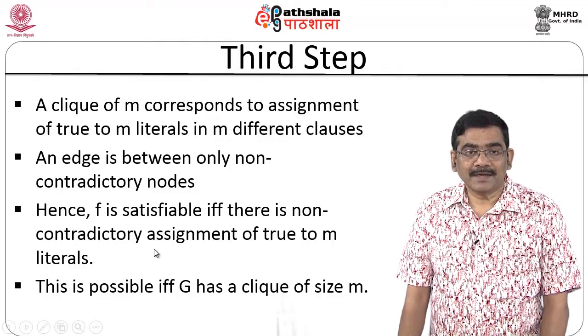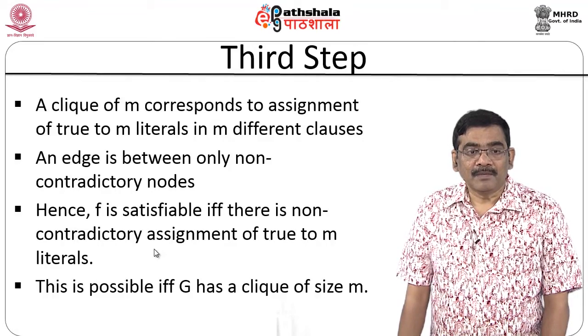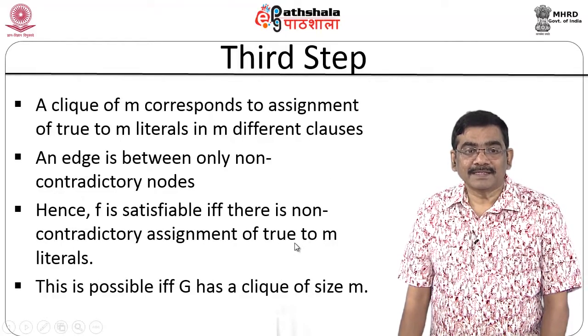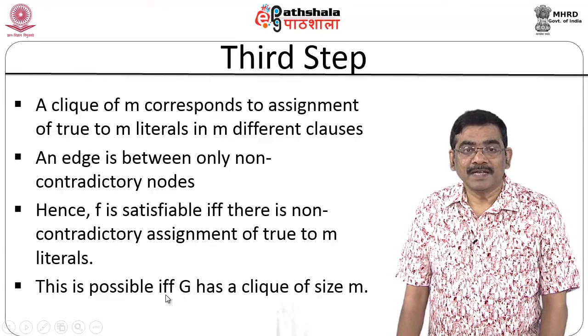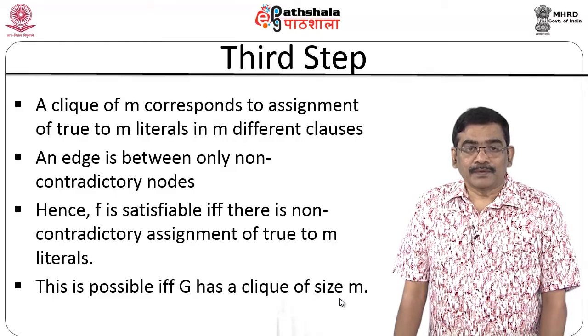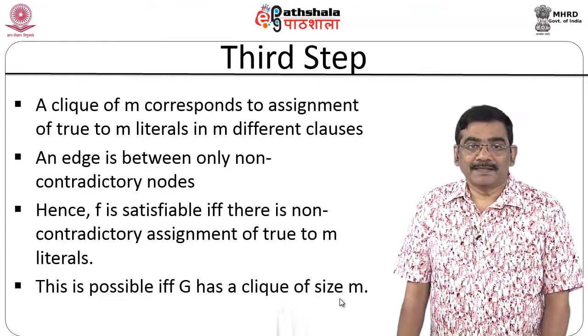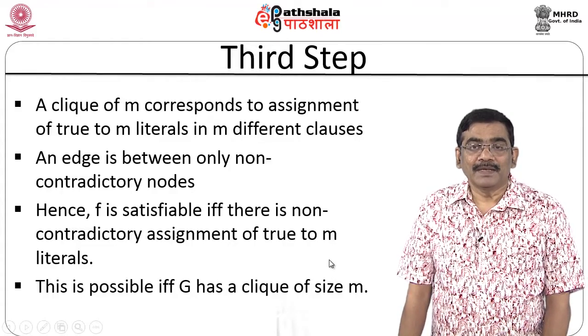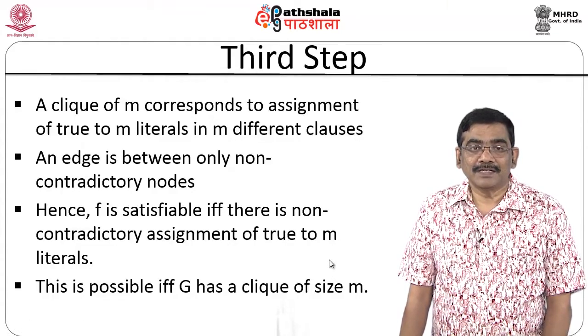And since these M assignments correspond to an M clique of the graph, we can say that this is possible if and only if G has a clique of size M. So, this is the argument. We can say that if the formula has to be true, then all the classes should be true.